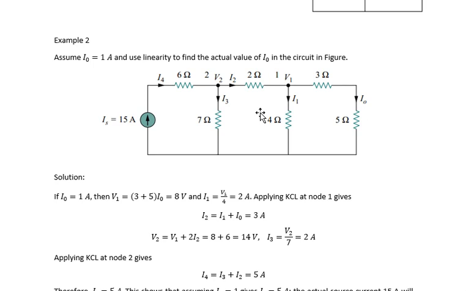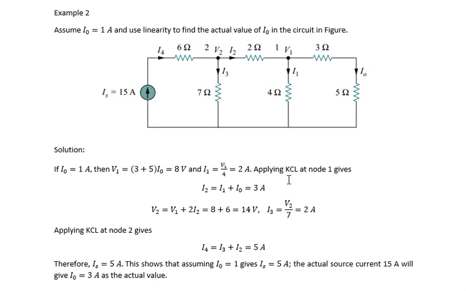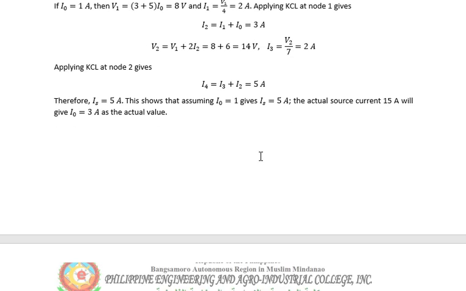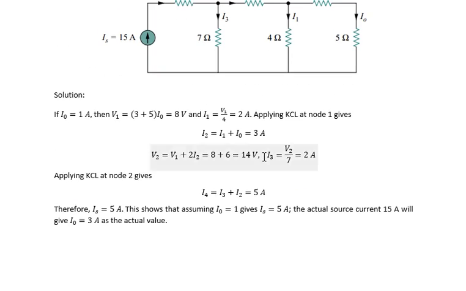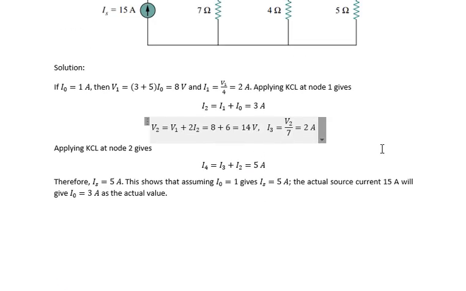And kung magme-mesh tayo rito, mahihirapan pa tayo. Okay? So, ito siya mas simplified kung gagamit tayo ng nodal analysis na lang kasi dalawa yung nodes natin, which is pag dalawa yung nodes natin, dalawa yung equations na makukuha natin na i-handle para makuha natin yung required quantities. Okay? So I hope that you have already understood what we have been saying here.